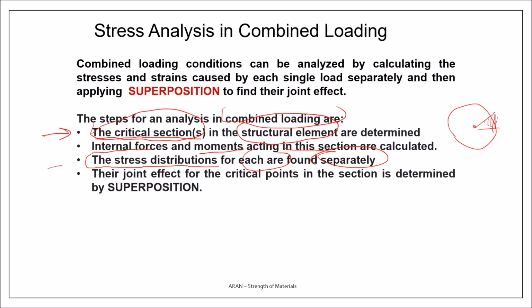So we have to find the stress distributions for each separately, and for the critical points in the section, we have to find the joint effect of these loadings by superposition of the stresses at that point.